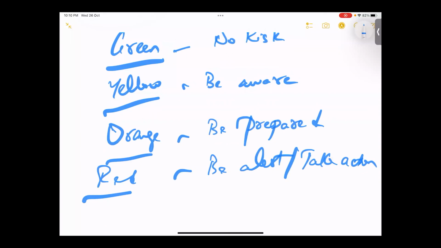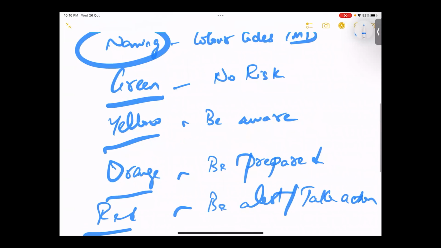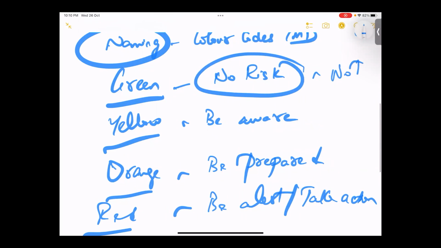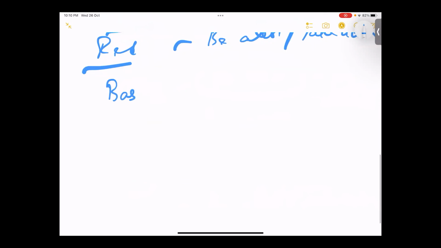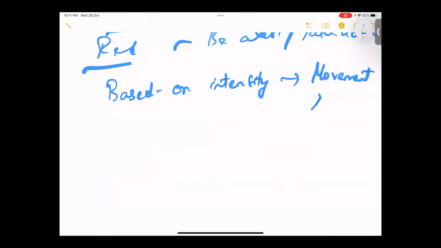If the cyclone alert is green, that means that particular area is not affected by the disturbance of cyclonic winds or cyclonic waters. Based on the intensity of the cyclone and also the movement of the cyclone, the IMD will start giving these color codes.